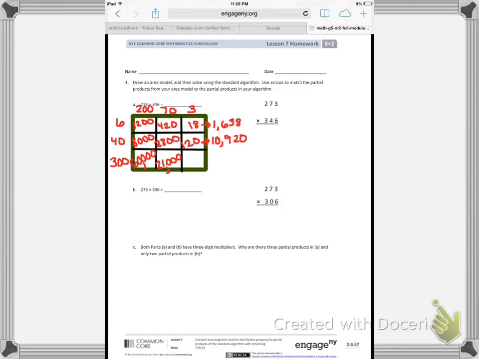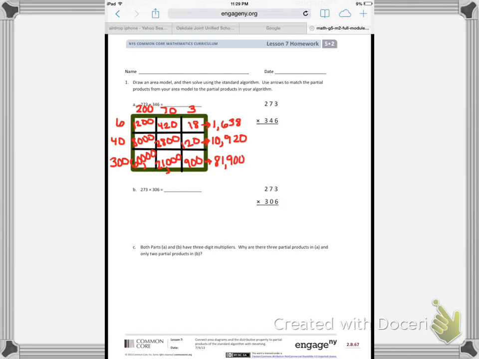So that'll give us 21,000. And 300 times 3, we have 3 times 3, which is 9, with 2 zeros, so it'll be 900. So if we go now and we add up the 60,000 plus the 21,000 plus the 900, we should get 81,900.